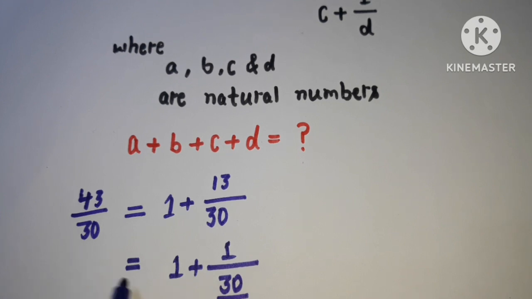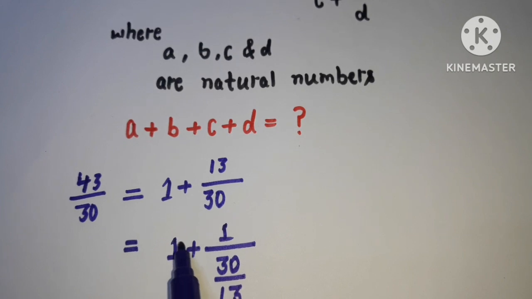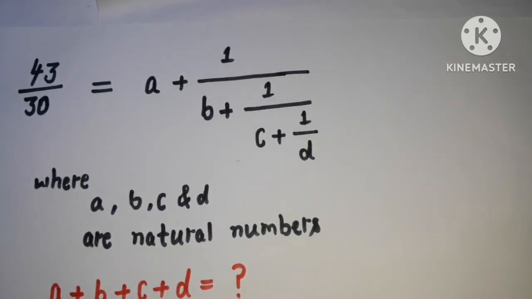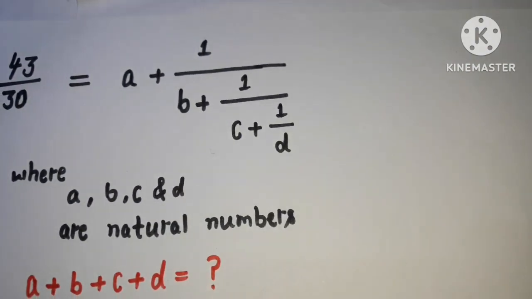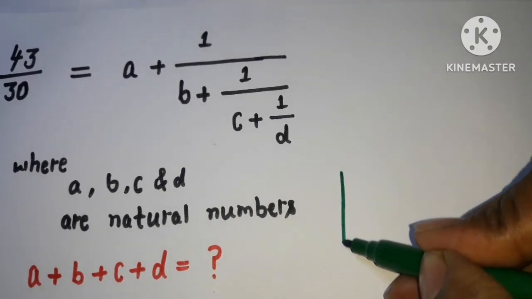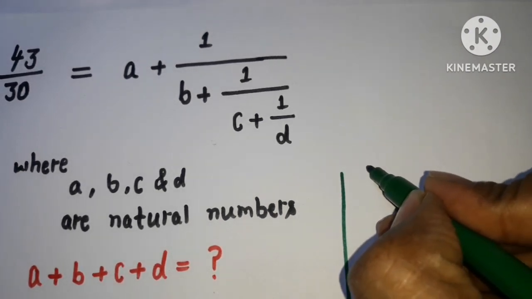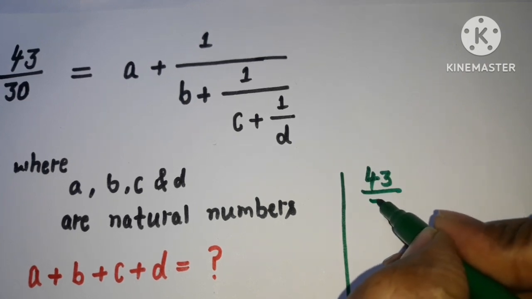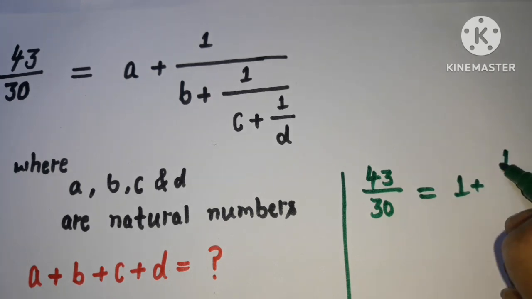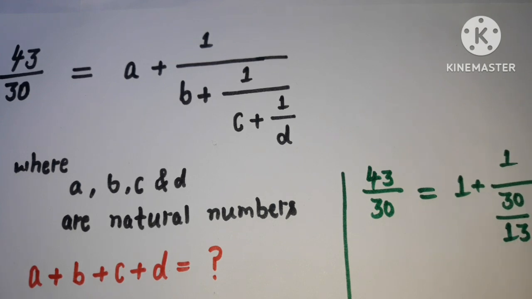So 43 divided by 30 can be written as 1 plus 1 divided by 30 divided by 13.